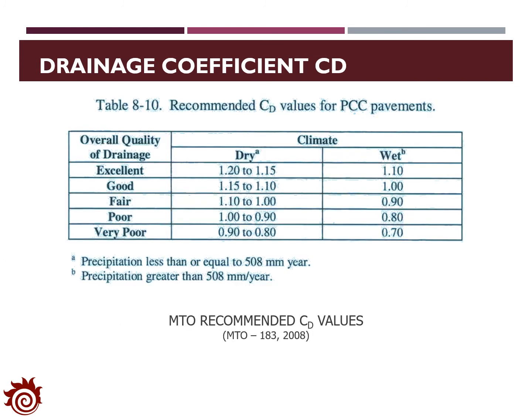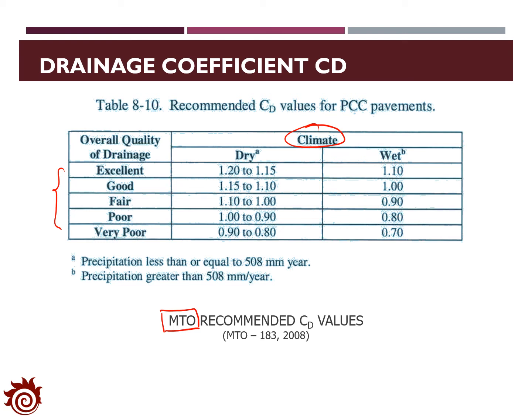In Ontario, MTO also recommended some typical drainage coefficient values for the rigid pavements, and the recommendations are based on the quality of the drainage system and the climate conditions. The quality is categorized as excellent, good, fair, poor, and very poor, and the definition is the same as FHWA.